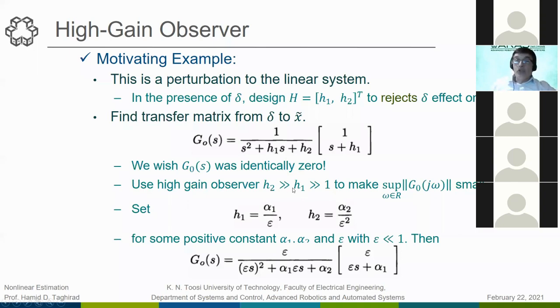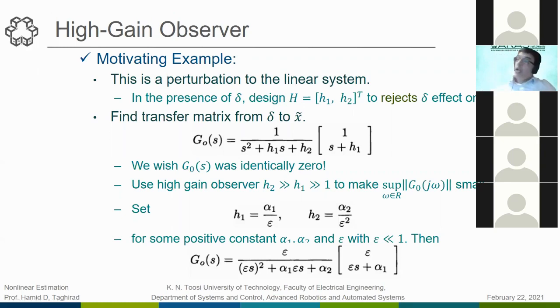H2 and H1 should be as large as possible, and if we can do that, both equations become zero, because although we have s plus H1 in the numerator, this becomes larger and dominates the effect. So here it shows why we need high gain.